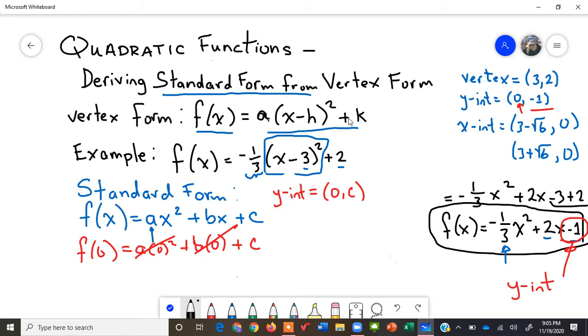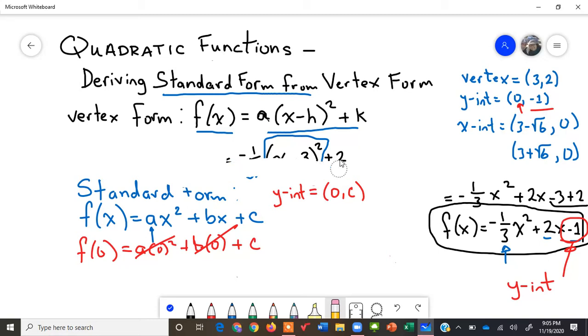Let's do the same thing as we did with our example and expand this. So I'm going to erase this, and we are going to expand the general vertex form. And then we can compare that with other things we know.